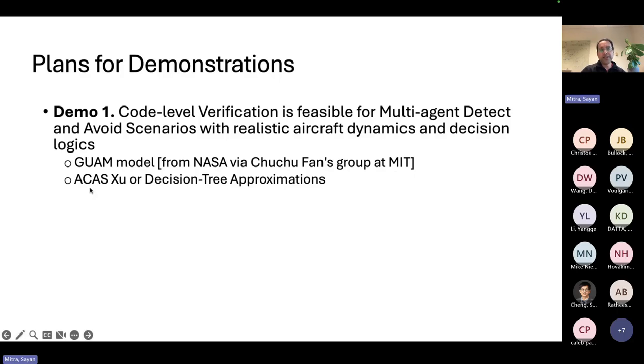ACAS XU is a very complicated protocol, and there are different versions of it. There is a neural network representation of the protocol, and we are also working with an approximation of the protocol, which is represented by decision trees.